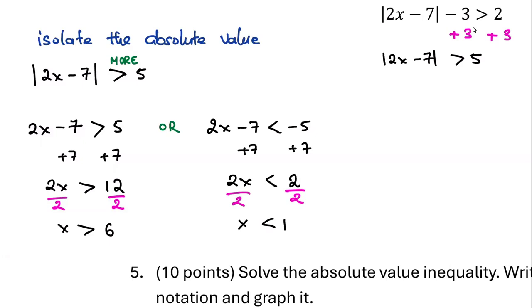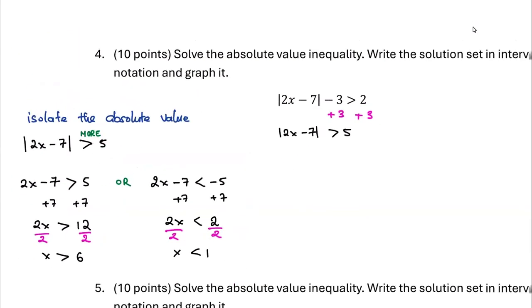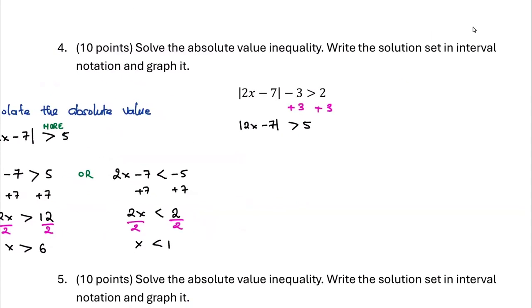Okay, so what I have so far is just solving only. They are not the final answer yet. For the final answer, they ask you to write the solutions in interval notation.